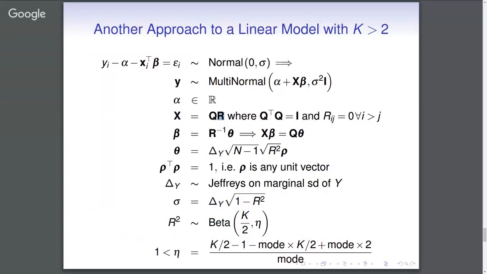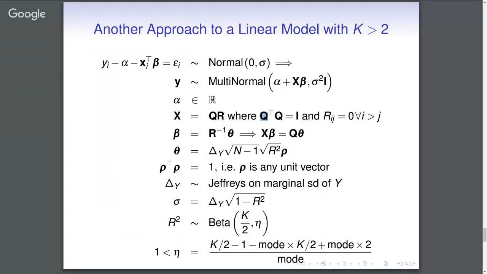Every rectangular or even square matrix can be written more or less uniquely as the product of a matrix Q such that Q transpose times Q is the identity matrix, and R such that R is upper triangular.